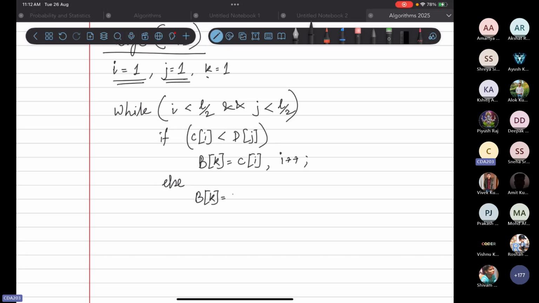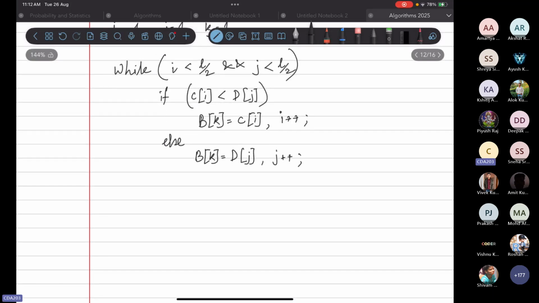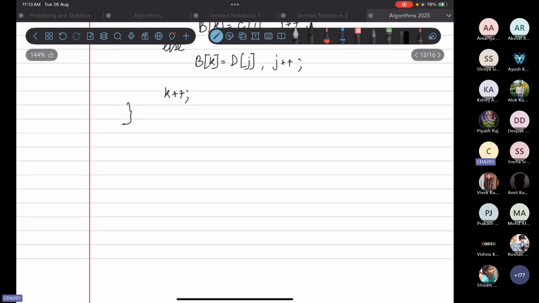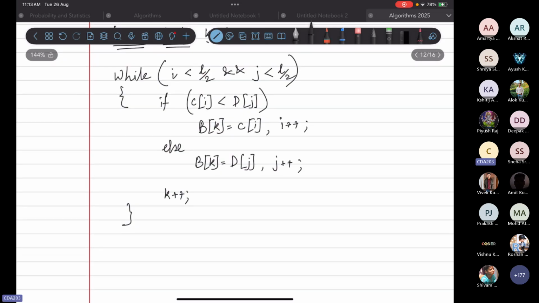Bk will be Dj, and I'll be incrementing the counter of j, and after that I will be incrementing k as well. Yes, this is fine. So this is what this while loop will do. Is this clear?